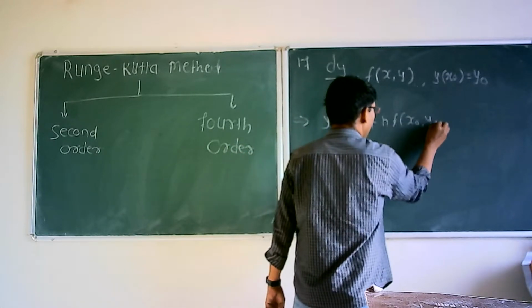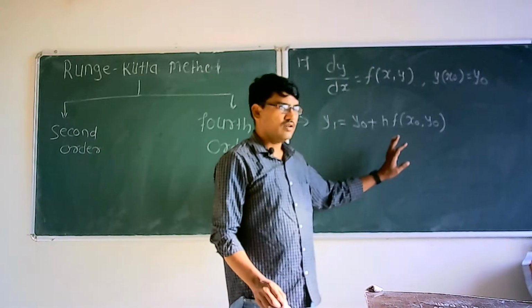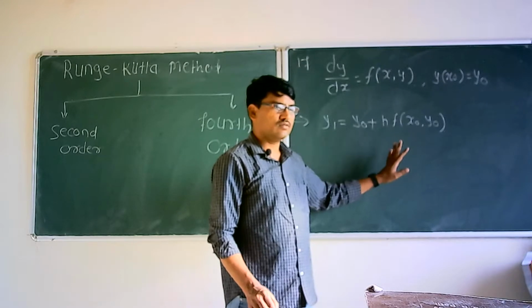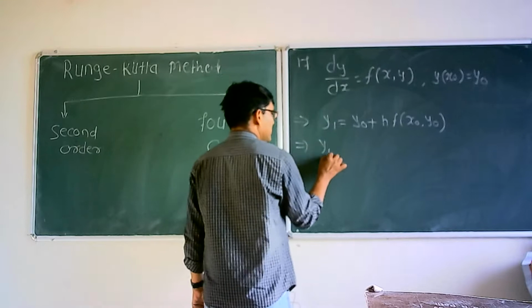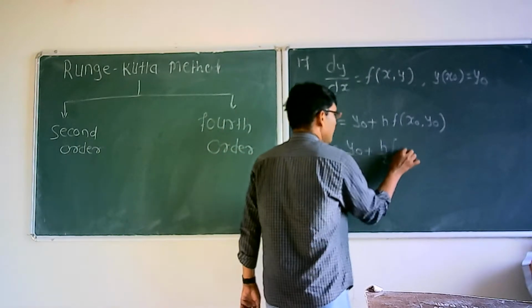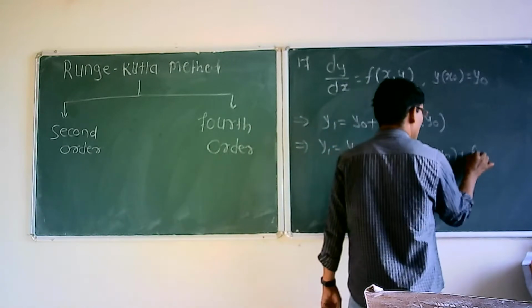This is the formula for Euler method, and on this formula if you apply the trapezoidal rule, then this formula can be written as y1 is equal to y0 plus h by 2 times f of x0 y0 plus f of x1 y1.